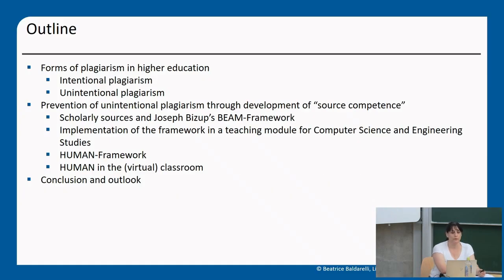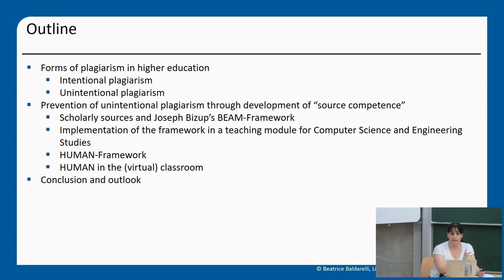Let me give you a brief outline of the main points I am going to deal with today. In the first part of this presentation, I will briefly describe the two main forms of plagiarism in higher education. In the second part, I will focus on the prevention of unintentional plagiarism through development of source competence.